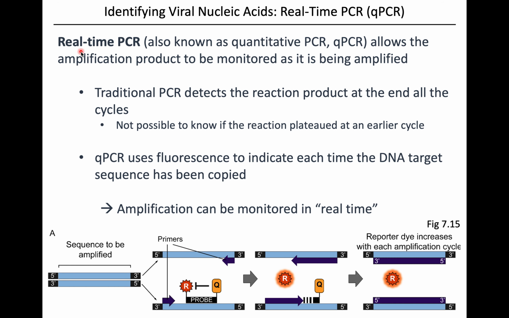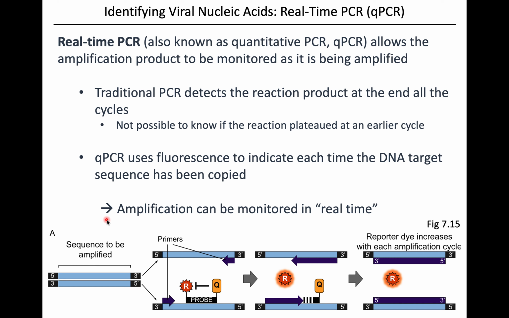But in real-time PCR, it could actually quantify how much of the viral DNA was present. So it wouldn't just be a yes/no, it would be a yes, and the sample was very mildly infected or very strongly infected. There was a ton of viral DNA there.